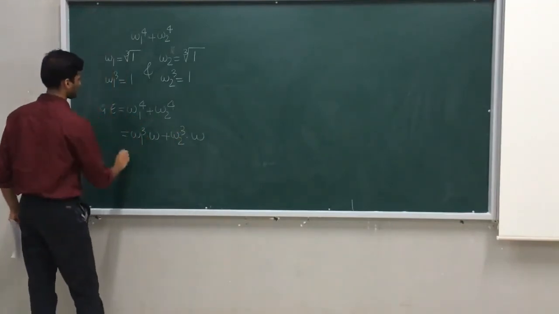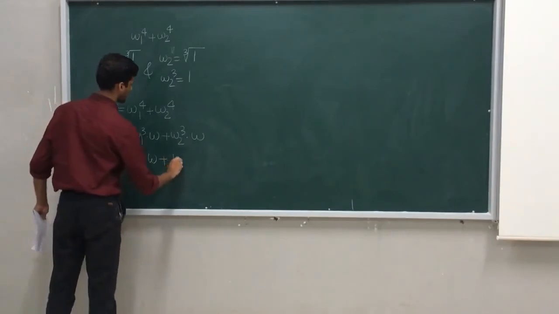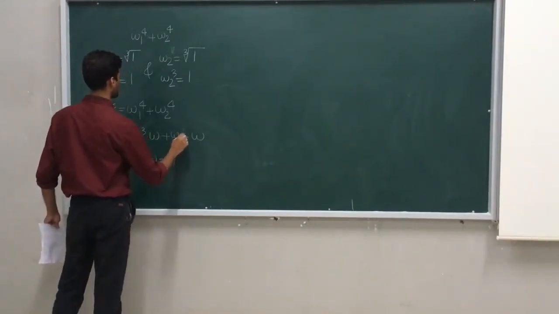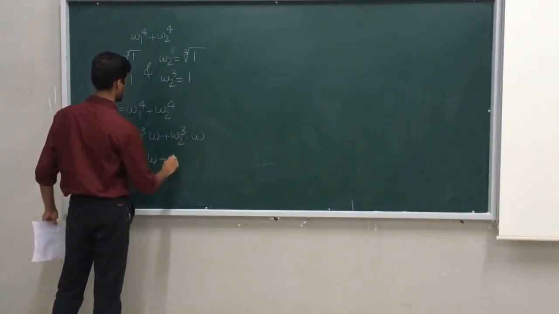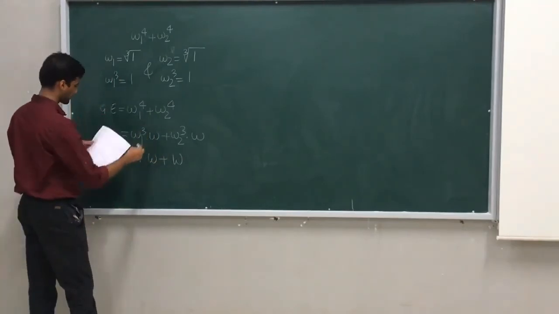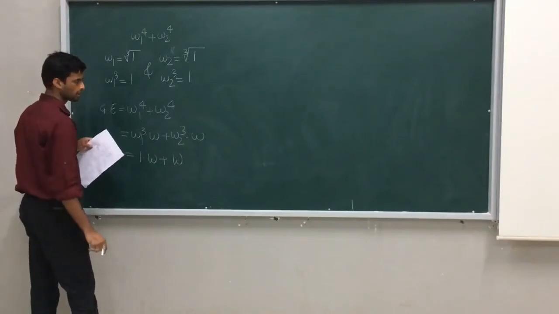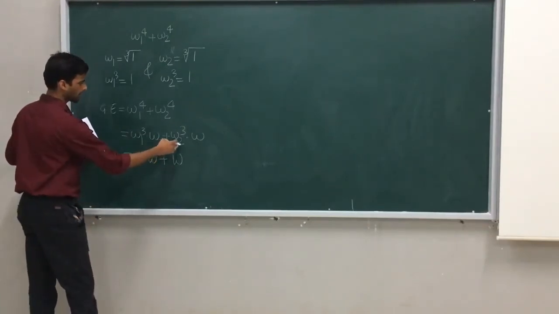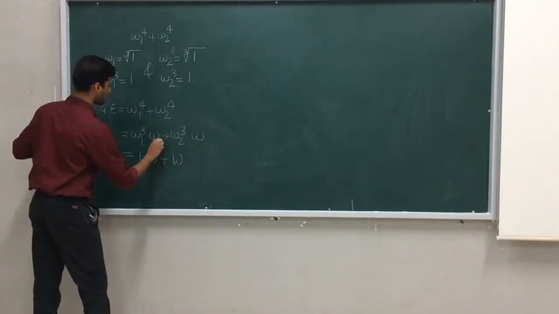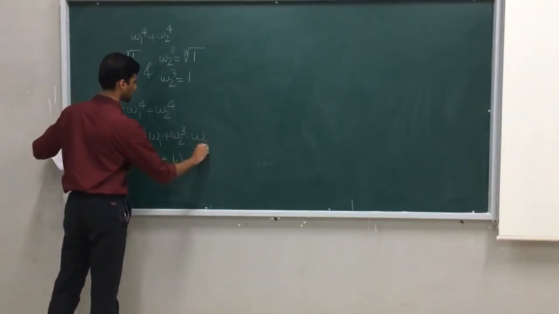So omega 1 cube is 1, into omega 1. Omega 2 cube is also 1, into omega 2. Yes or no? So omega 1 raised to 4 plus omega 2 raised to 4 is nothing but omega 1 cube into omega 1 plus omega 2 cube into omega 2.